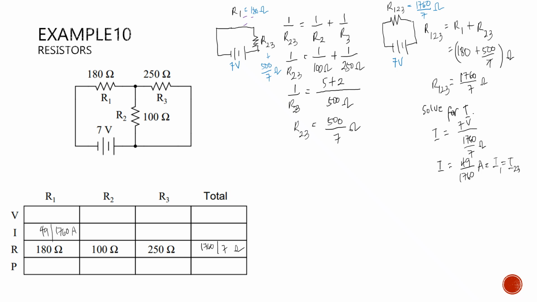And then for the combination of R2 and R3, since they are in parallel, they don't have the same value of I. Okay, so before going there, let's check what's available for R1.